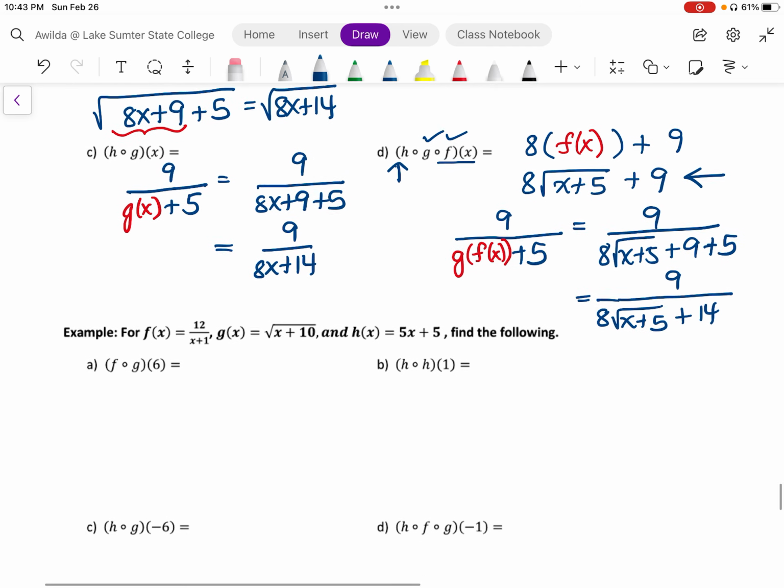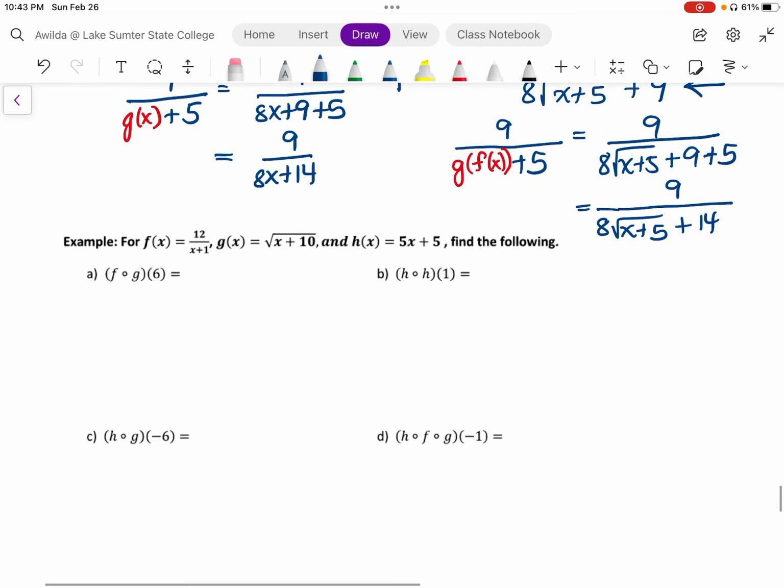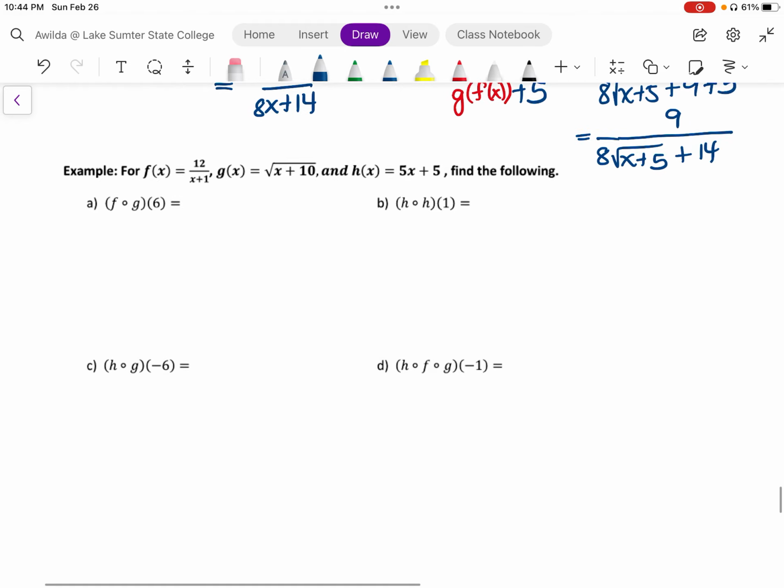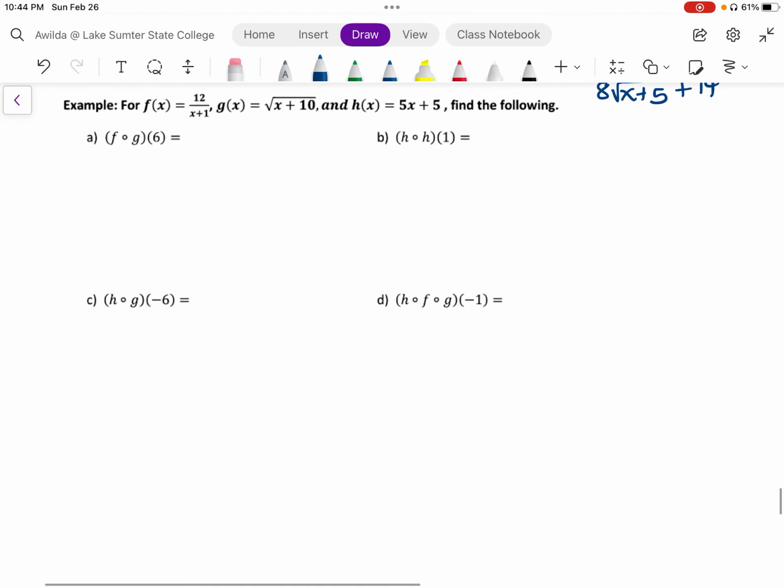All right, let's take a look at compositions where we have constants or fixed numbers for the input. Here we have f of g of 6. So let's find the value of the function g evaluated at 6 first.